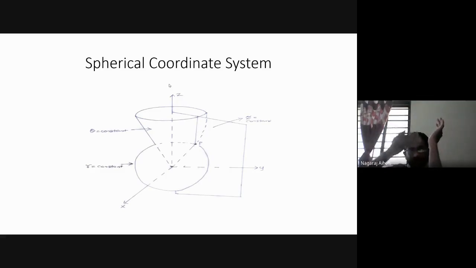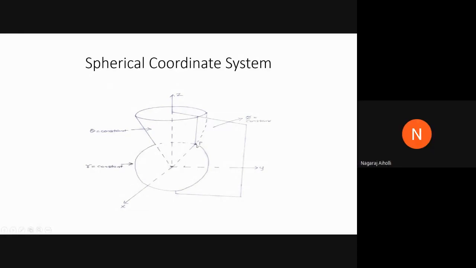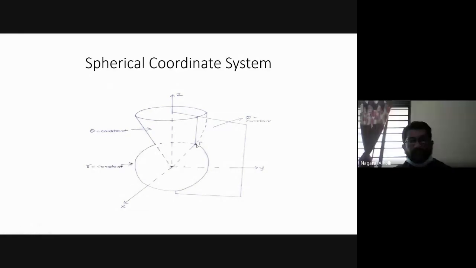Wherever that half plane is cutting these two surfaces, that forms a single point, and that point is the point P. Hence, we say that when r equal to constant, theta equal to constant, and phi equal to constant intersect, they result in a single point, that is the point P. This is how students will be getting a single point when all the three surfaces are intersecting.